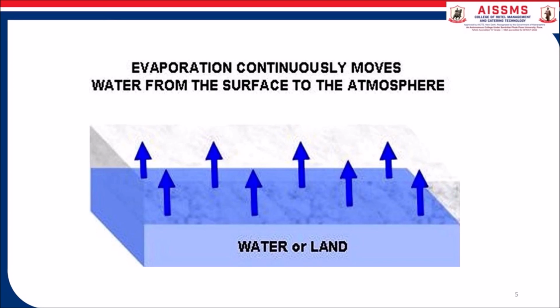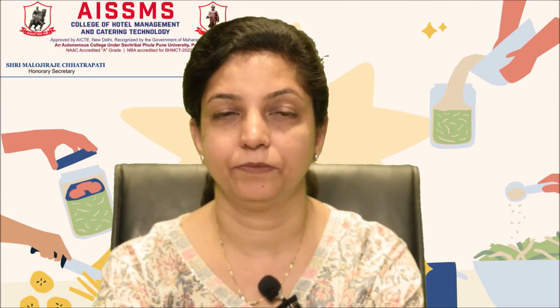So you can see that the topmost surface is exposed, and that's where the evaporation at the surface happens. It is continuously moving the water from the top surface to the atmosphere in the form of vapor. Now continuing further, let us have a look at the factors that affect the process of evaporation.